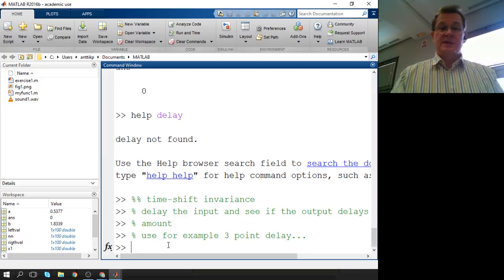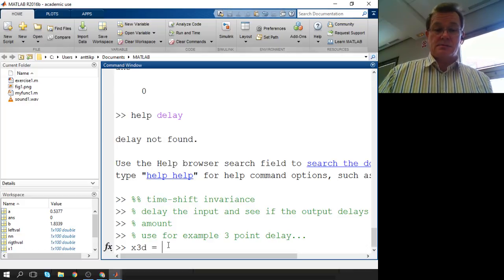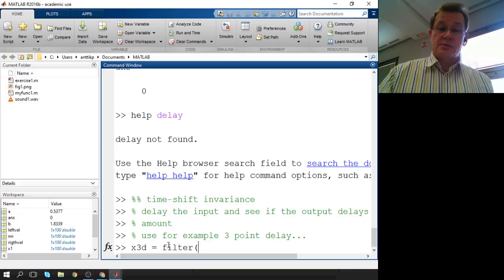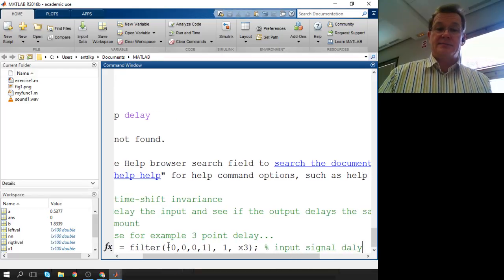So the delayed signal x3d equals filter 0, 0, 0, 1. So that's a 3-point delay, and x3. So, okay, that's the input signal delayed.